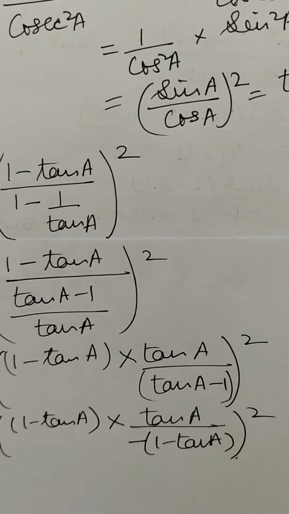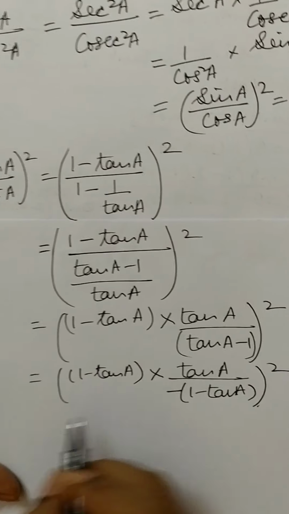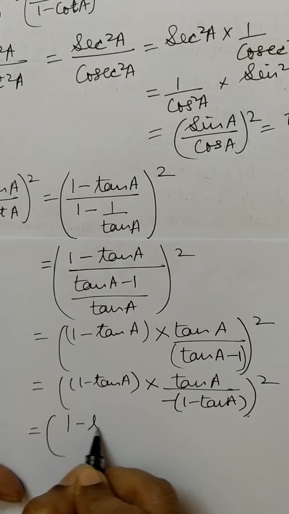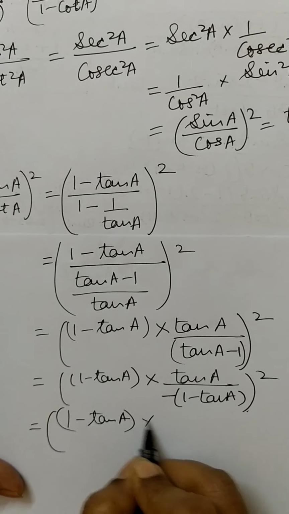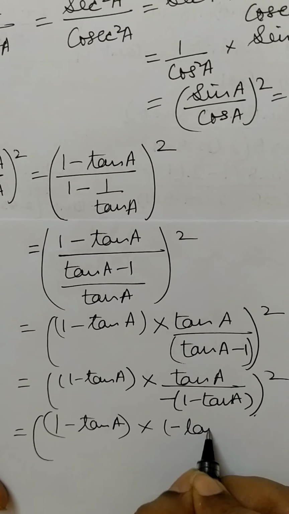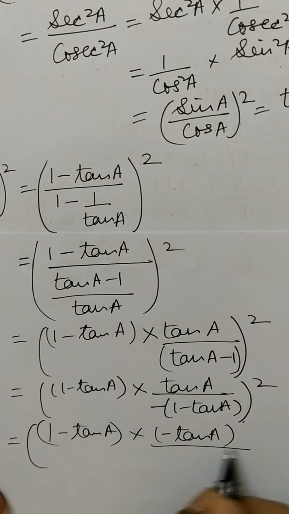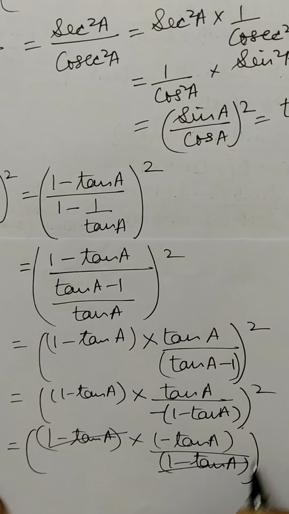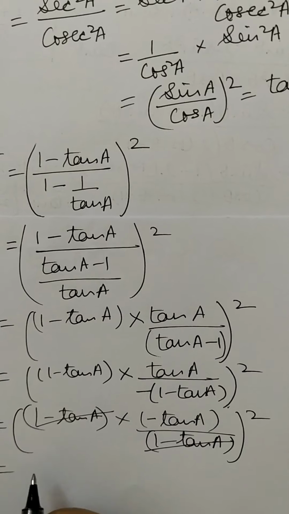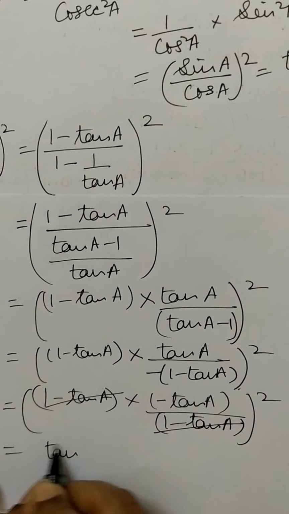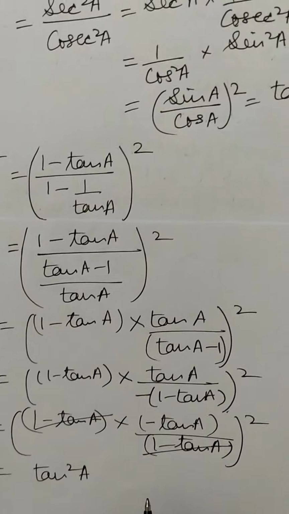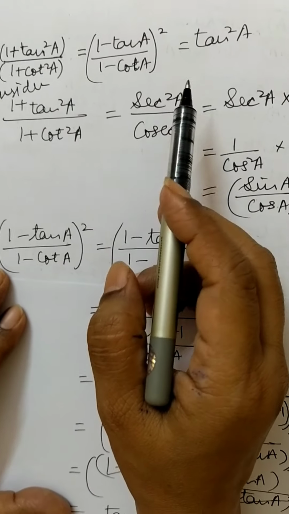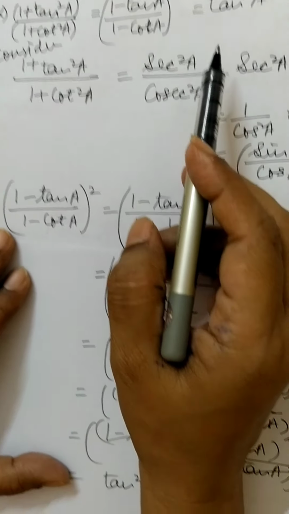Okay children, so this minus sign you can take in the numerator, 1 minus tan A into minus of tan A, upon 1 minus tan A, it is cancelled. So the whole square of minus of tan A will be tan square A, which is again our third expression. So we have proved that the first and second expressions are both equal to tan square A. So this identity is proved.